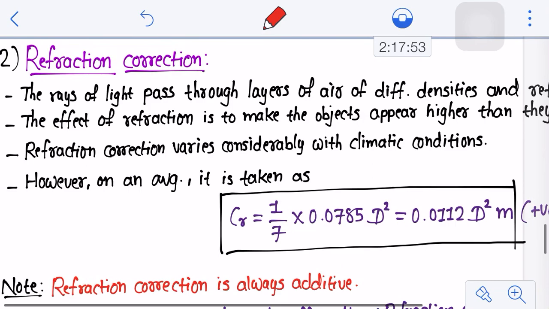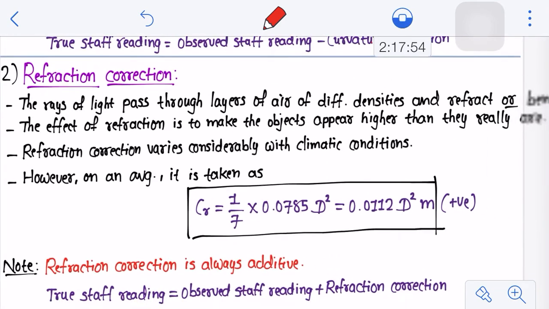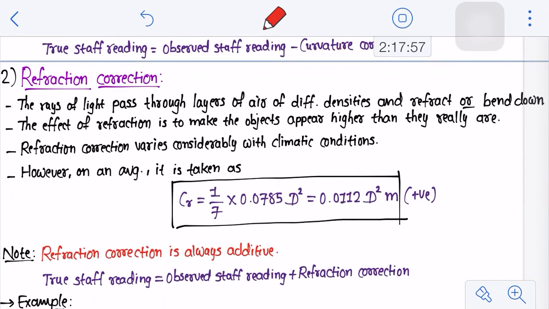Next is refraction correction. This is also a natural one. What will happen in this case? The rays of light pass through layers of air of different densities, and they refract, or you can say they bend down, and the effect of this refraction is to make objects appear higher than they really are, because the effect is in the opposite way.